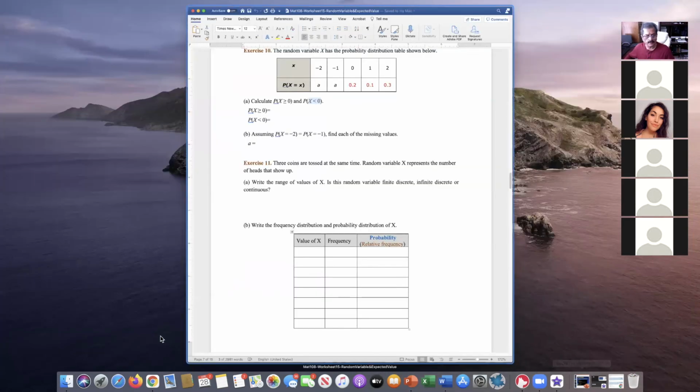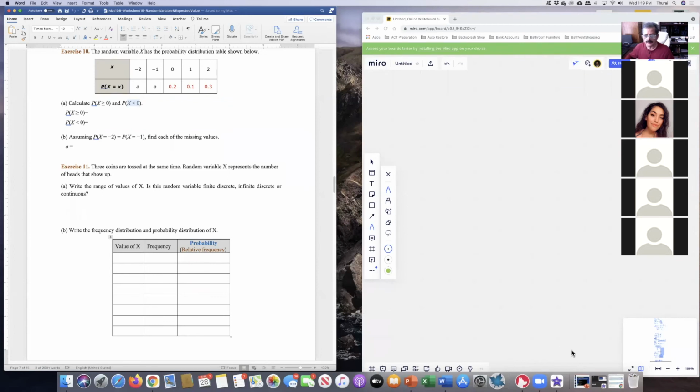I'm going to make a table showing the random variable x, which represents the number of heads. So x is my first column, and I'm going to write the outcomes in the third column. Number of heads can be equal to 0.